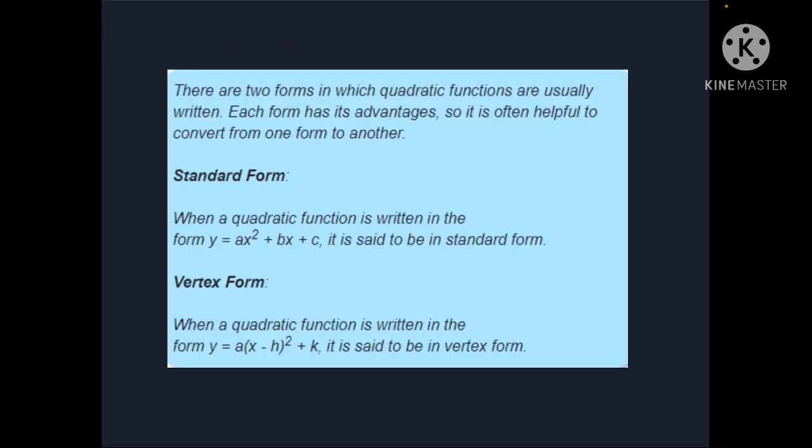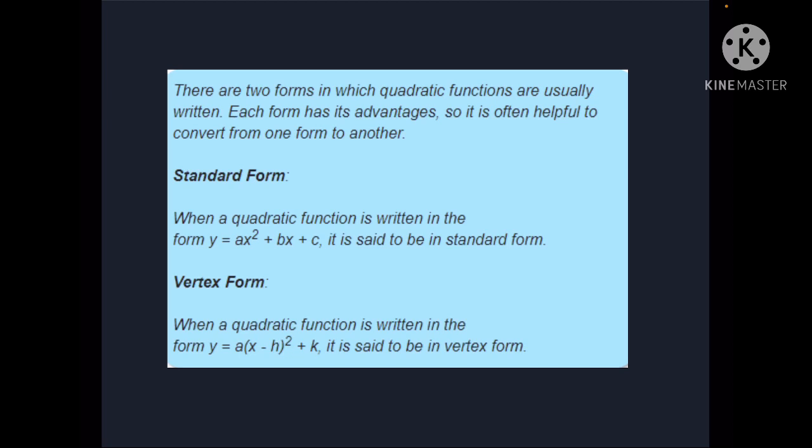There are two forms in which quadratic functions are written. Each form has its kind of advantage, so it is helpful that you know both forms. First, standard form. A standard form is when the equation is written in this form: y equals ax to the power of 2 plus bx plus c.